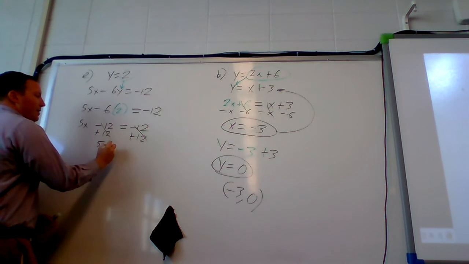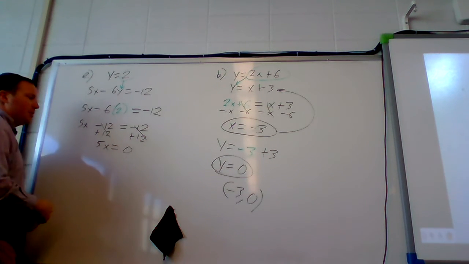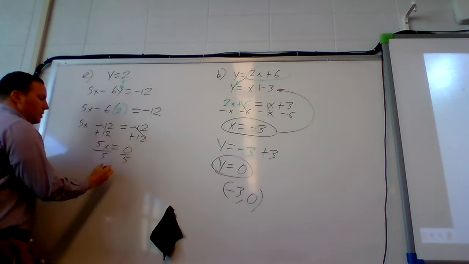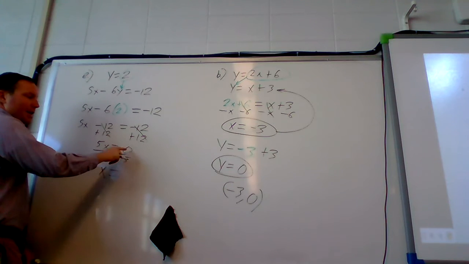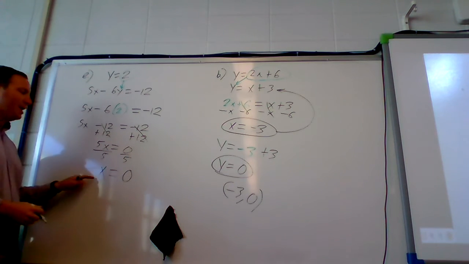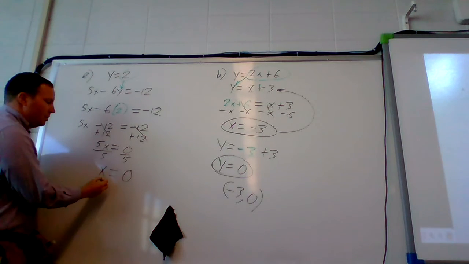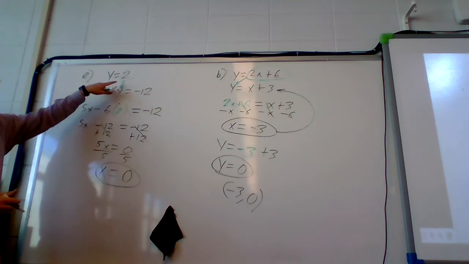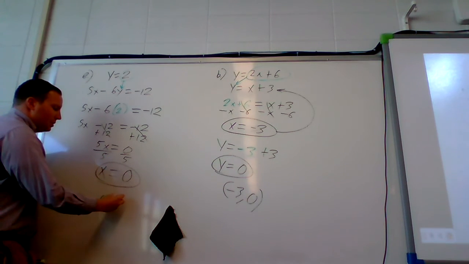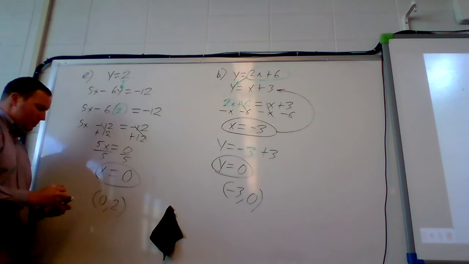So that leaves me with 5x is equal to 0. So I can divide by 5. 0 divided by any number other than 0 is still just 0. So x in this case equals 0. They already told me what y is equal to, so the point where these two lines cross is 0, 2.